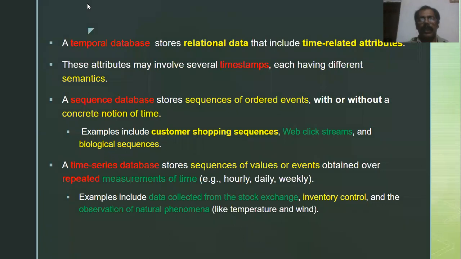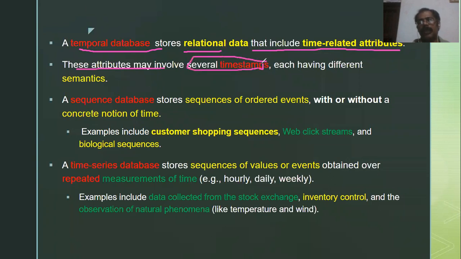So, what is a temporal database? A temporal database stores relational data that include time-related attributes. These attributes may involve several timestamps, the timestamps having different semantics.